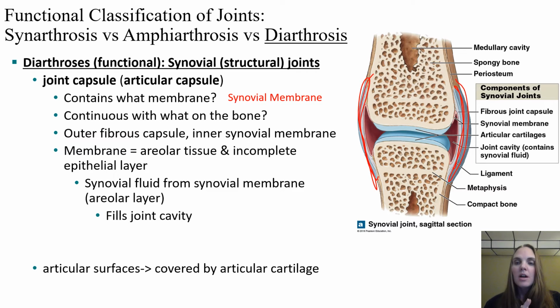Remember we talked about fibers kind of intermingling with something that covers the outside of the bone, and then actually those fibers extend into the bone. And that's going to be the periosteum. So you can see the periosteum here. So that joint capsule is continuous with that periosteum.